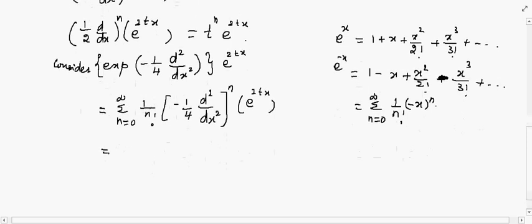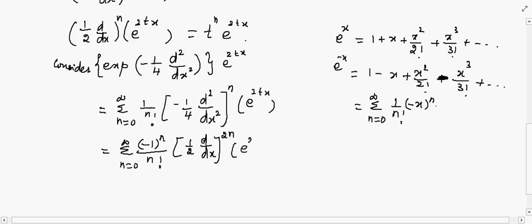Which is equal to, now sigma n equal to 0 to infinity, this minus whole power n is here, so take that outside, so we'll get minus 1 power n by n factorial into this 1 by 4 can be written as 1 by 2 whole square. So combining this, we can write it as 1 by 2 into d by dx of whole power 2n of e power 2tx.